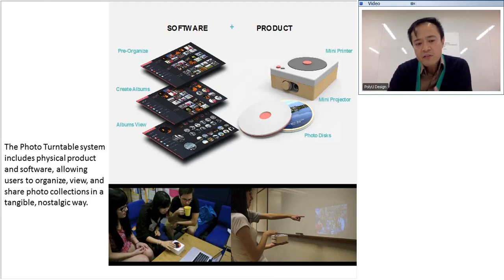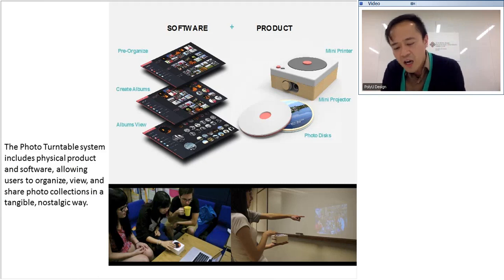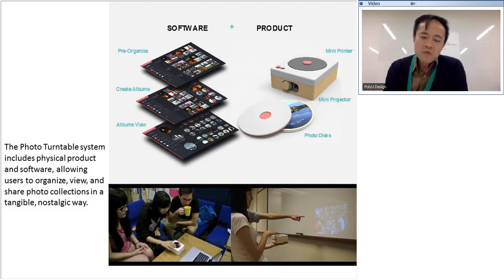And other students even take the nostalgic ideas further. Think about something that we have been doing all the time today, sharing photos, sharing memories. But how about connecting to something in the past? People in the past liked to share music through traditional music albums. It can be vinyl records, it can be CDs.